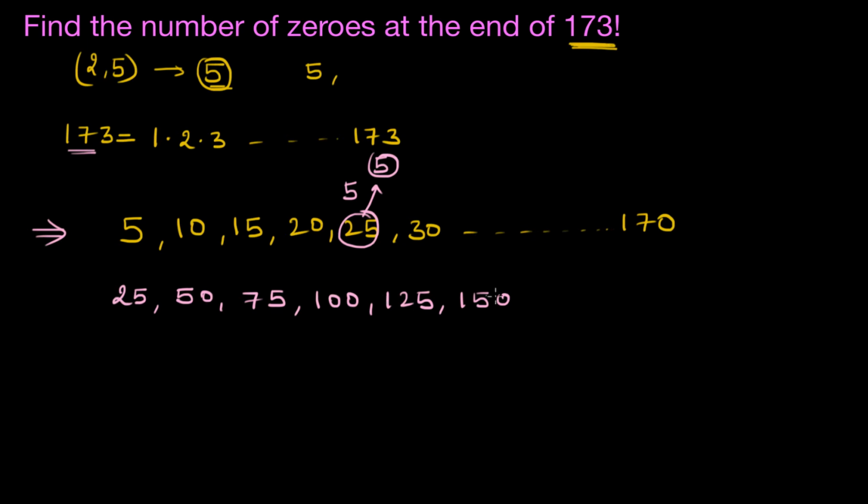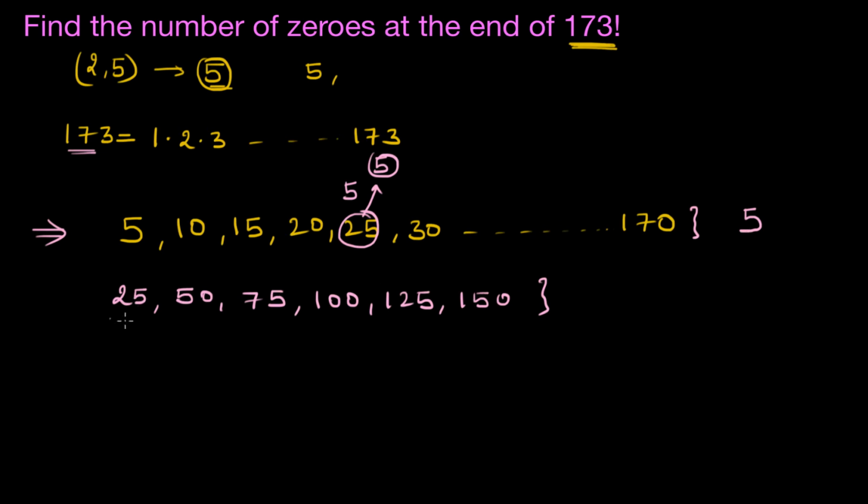Now all the numbers written here are multiples of 25. Apart from 1 5, because they are multiples of 5 as well, we have already counted them here, and we thought that they will give me 1 5. But here they are giving me one more 5 because they are multiples of 25, and 25 is 5 times 5. So they will give me one more 5 for sure.